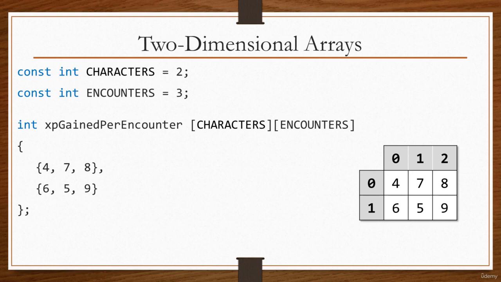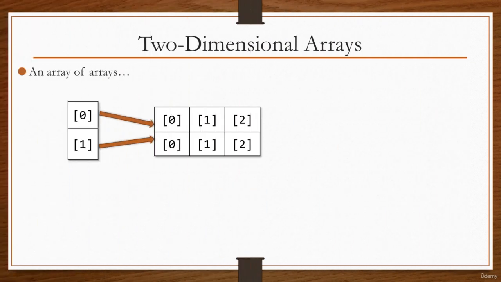So 0, 0 will give you 4, 1, 1 will give you 5, 1, 2 will give you 9. This is basically what I mean by this is an array of arrays. In the first element, so that first subscript, these are also called subscripts, so either an index or a subscript, right? So in that first index, in the first pair of brackets, that specifies or points to an array. So your first array is basically just the location of another array in memory.